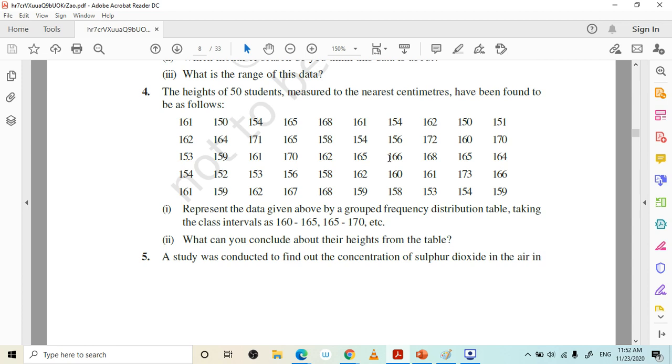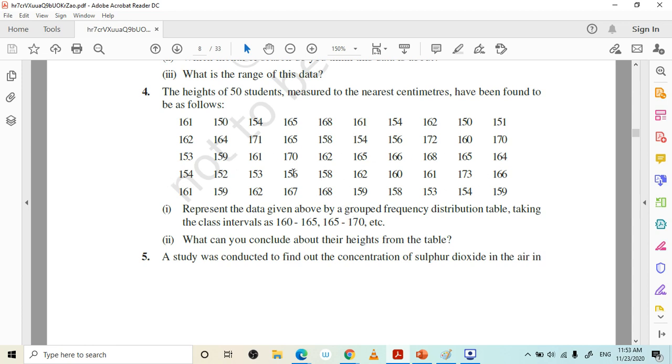The heights of 50 students are given, measured to the nearest centimeter, as follows. So these are the heights of 50 students, and you have to represent this data as a class interval. 160 to 165 means a class interval of width five. Then 165 to 170, 170 to 175, like that.